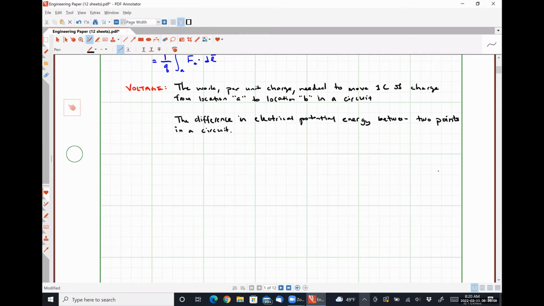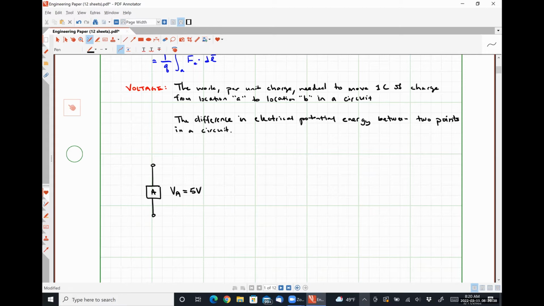So what I mean by that is that if I have a generic circuit element, and let's call this circuit element A, if I say that VA is equal to 5 volts, this is an underdefined description, okay?